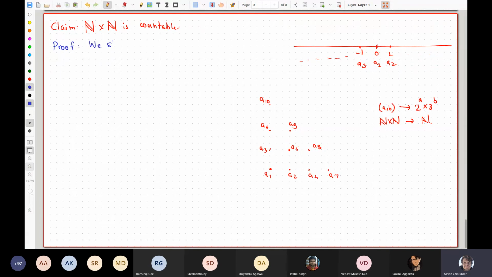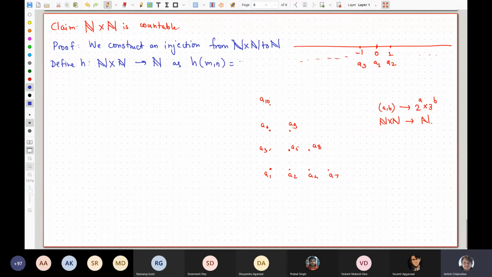We construct an injection from N cross N to N. So what is the injection? Define h going from N cross N to N as h of m comma n is 2 to the power m times 3 to the power n.